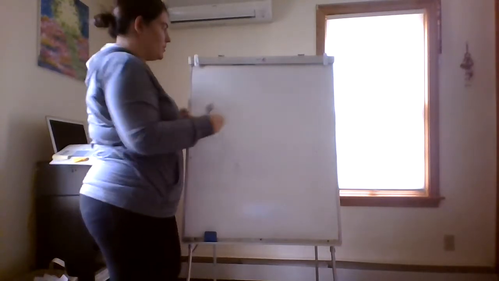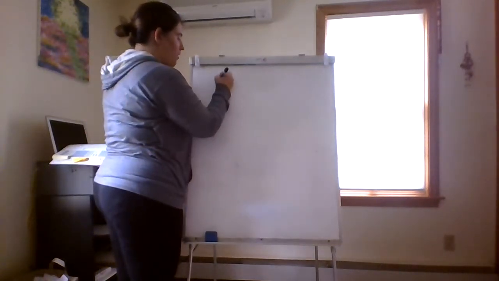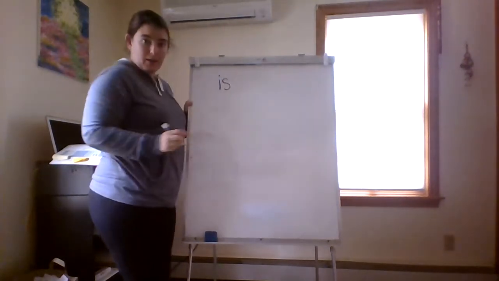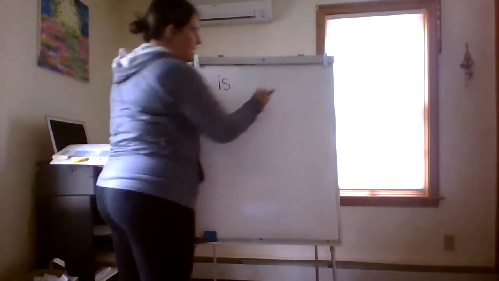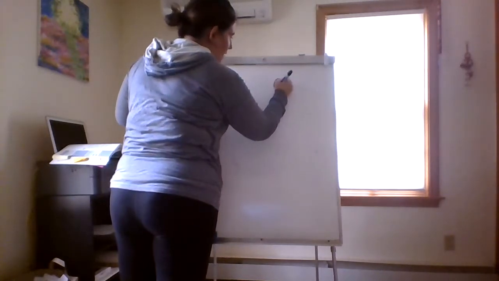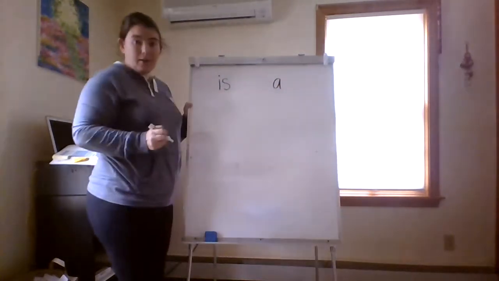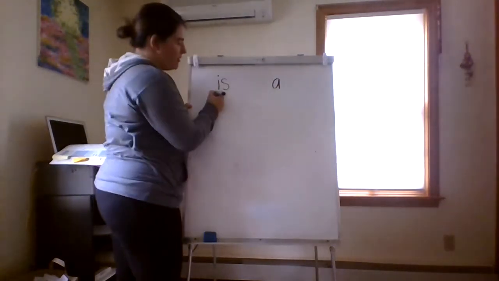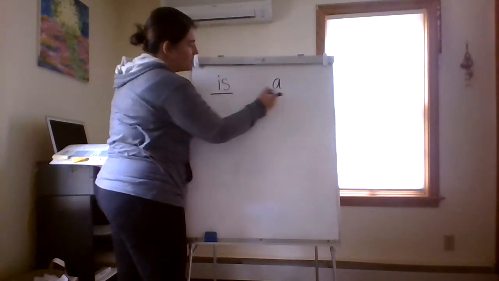So you're going to go on a word hunt, and you're going to find all the times you see the word is, and all the times you see the word a. I know that you see it all the time when you read because I see both of these words all the time when I read.